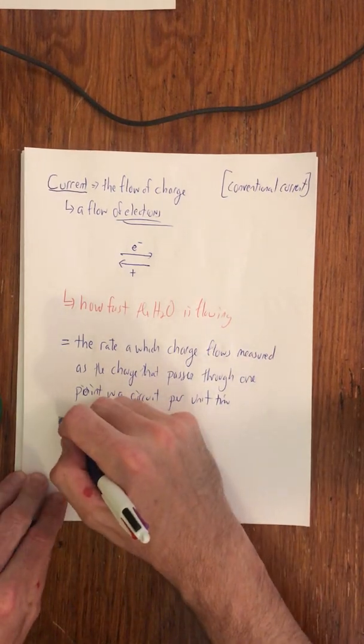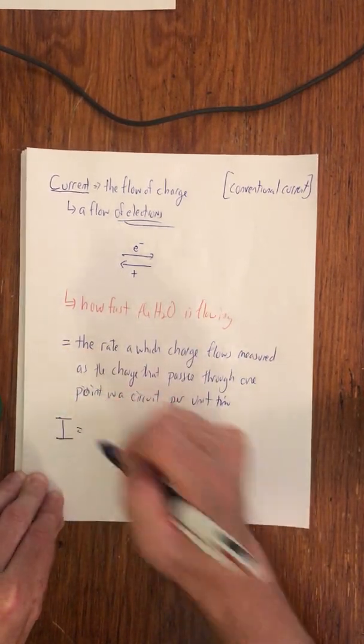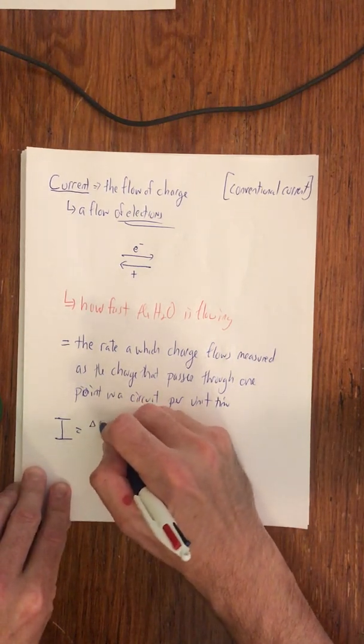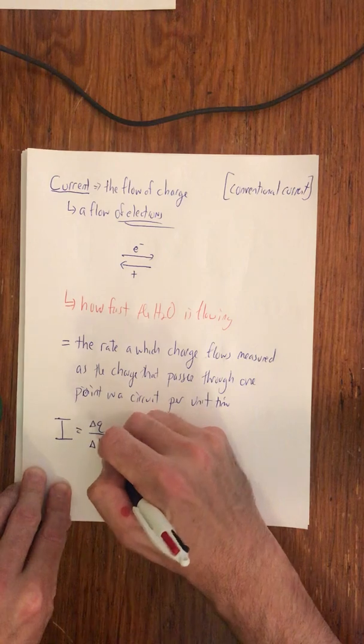And so here we go. I is equal to the rate at which charge flows. It's actually delta Q over delta T.